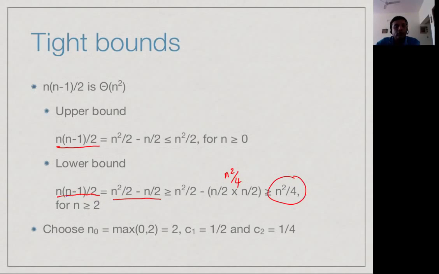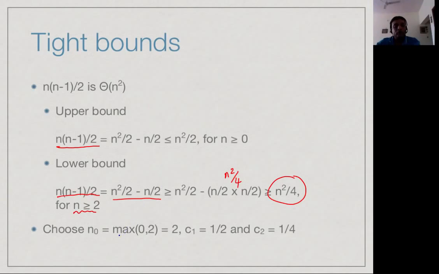So in other words, I've shown that n into n minus 1 by 2 is bigger than or equal to n squared by 4. But now, in order to justify this, to justify that n by 2 is increasing, n must be at least 2. Because if n is smaller than 2, this is a fraction, and so I'm actually reducing by a smaller amount. So here I have a different n: I have n greater than or equal to 2. So I have established a lower bound which says that for n bigger than or equal to 2, n into n minus 1 by 2 is above 1/4 of n squared.